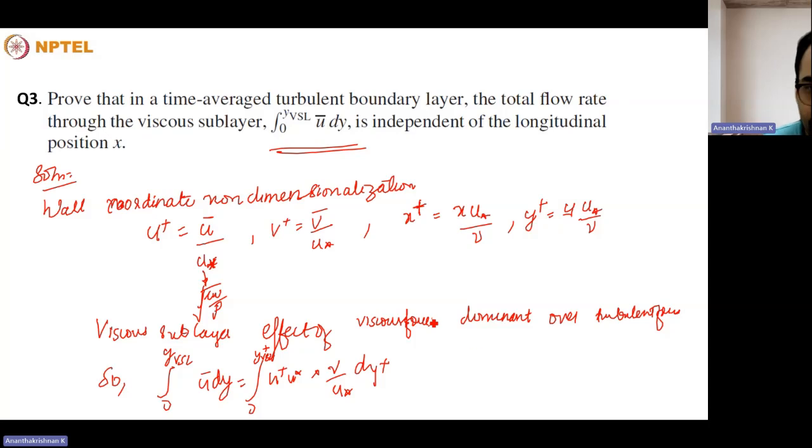So this u star gets cancelled, and then this nu, the kinematic viscosity, can go outside: nu times the integral from 0 to y VSL plus of u plus dy plus.